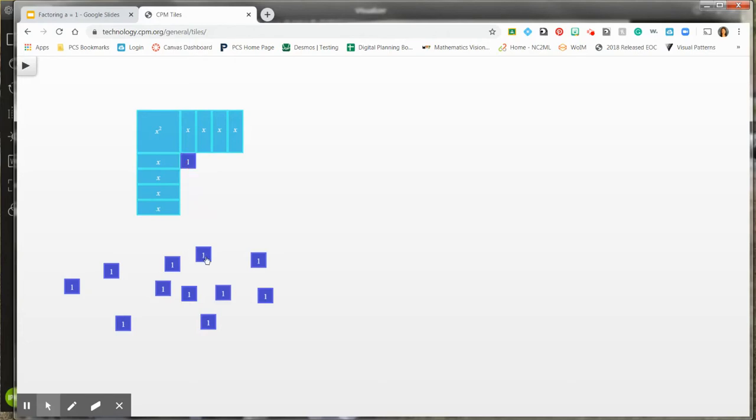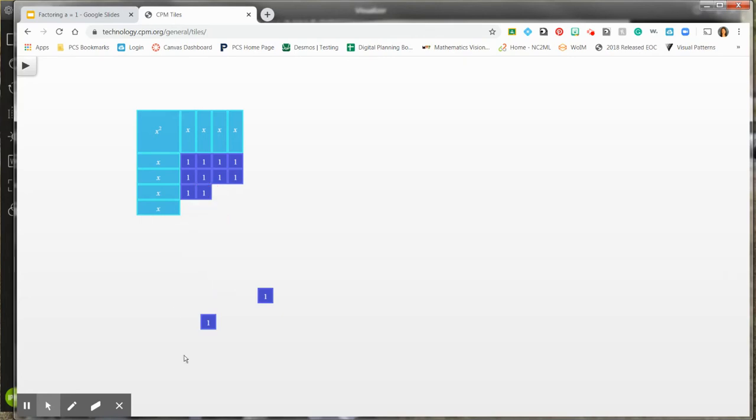So here is my plus 12, and I'm going to start lining them up with my x tiles. And again, the only reason I'm doing this is so that you have a visual of what's actually happening so that you understand how I'm creating these rectangles with area and splitting it up so that you see the same interior picture that we did when we multiplied.